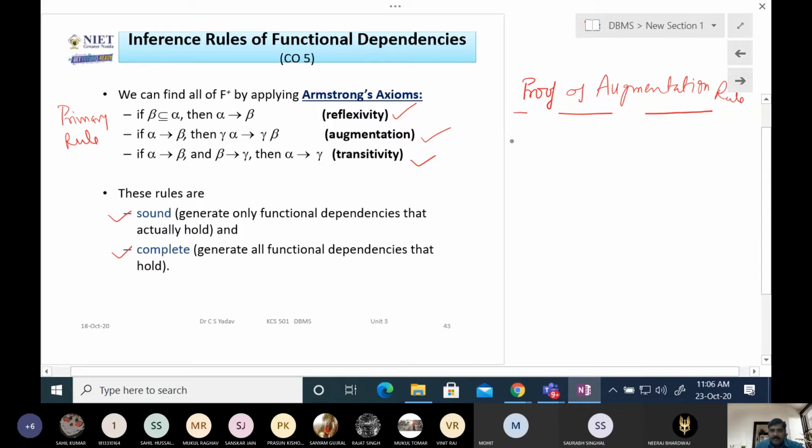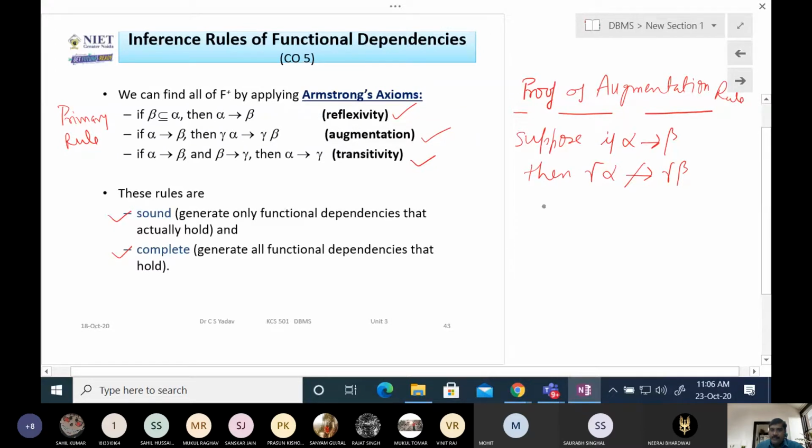Here, suppose if alpha determines beta, then gamma alpha doesn't determine gamma beta. Let us assume this thing. Okay.